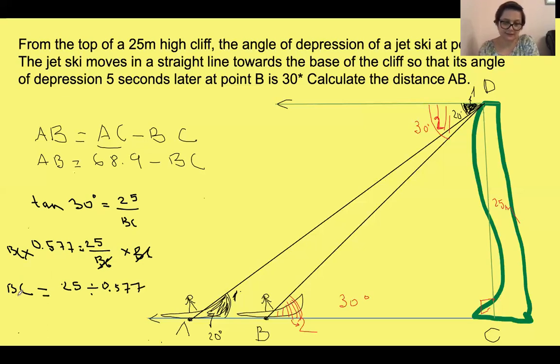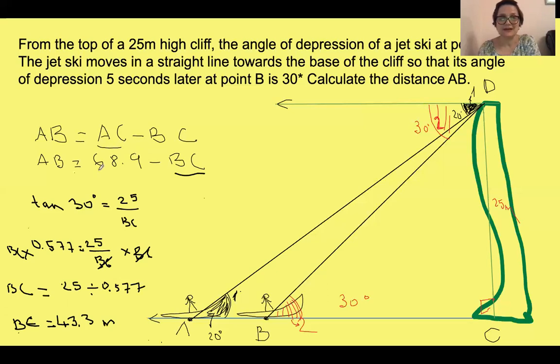Let's find out. The answer is 43.3 meters. The measuring unit is meters, we are working with meters. So BC is 43.3 meters.